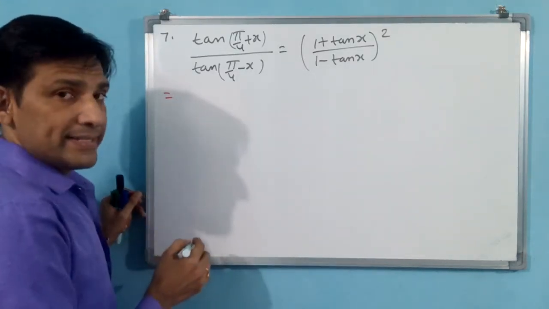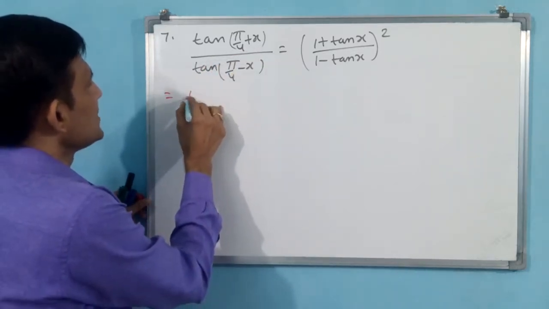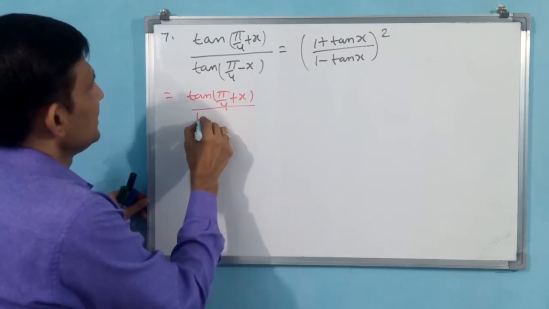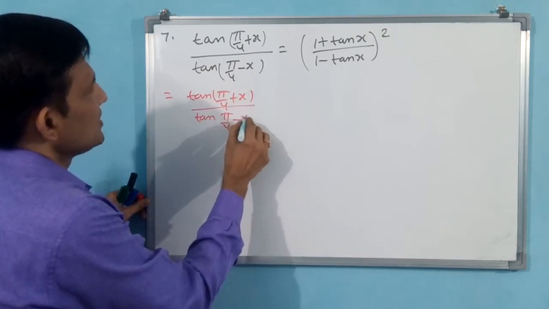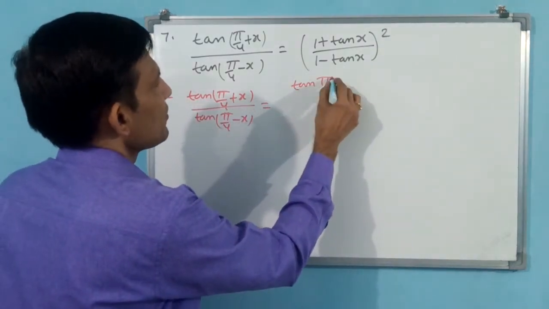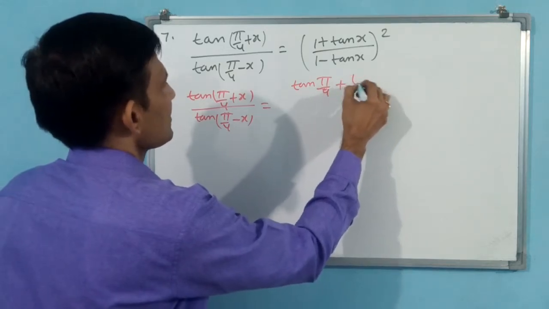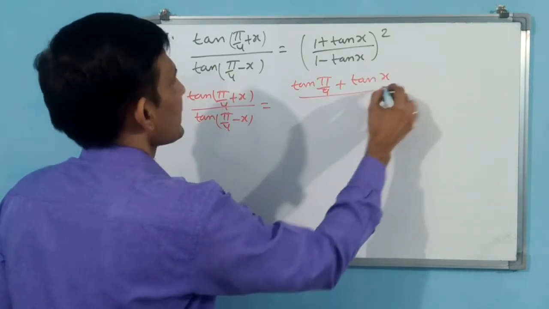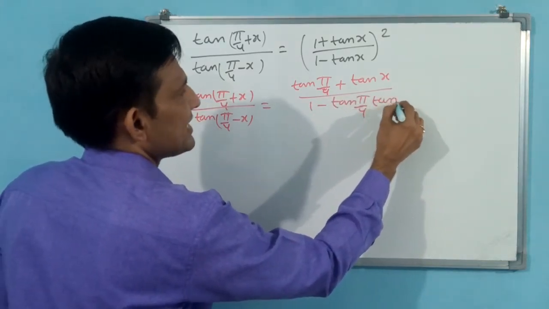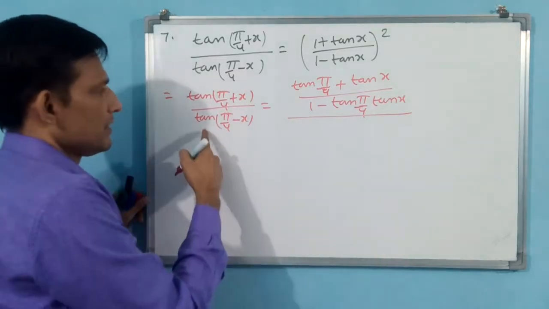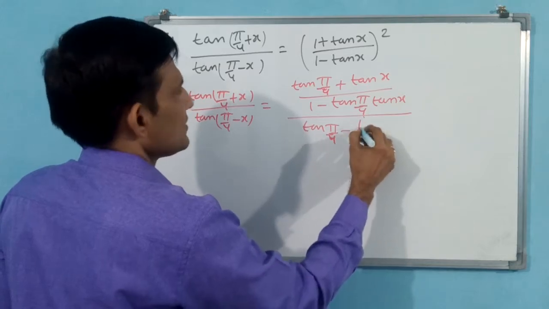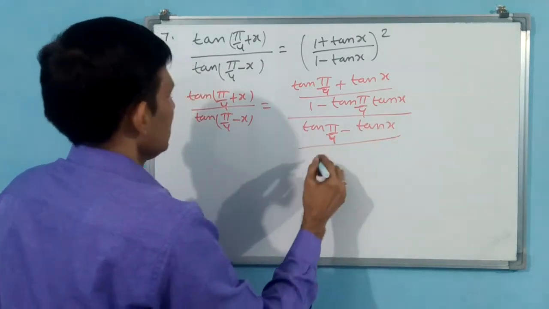You write LHS like this: tan of pi by 4 plus x by tan of pi by 4 minus x is equal to, using tan a plus b, tan pi by 4 plus tan x by 1 minus tan pi by 4 tan x, divided by tan pi by 4 minus tan x by 1 plus tan pi by 4 tan x.